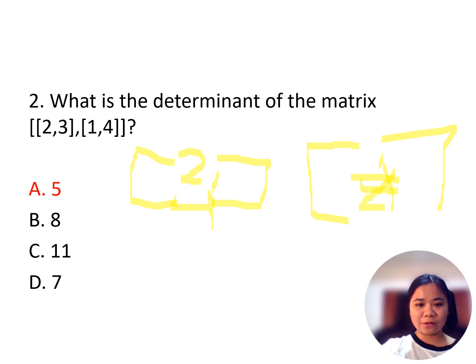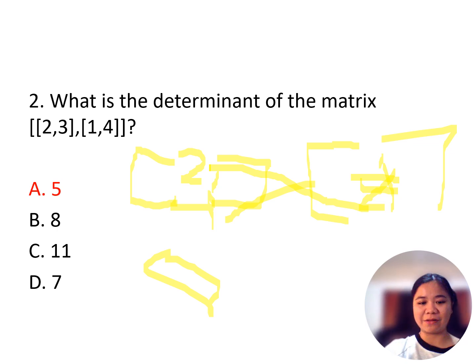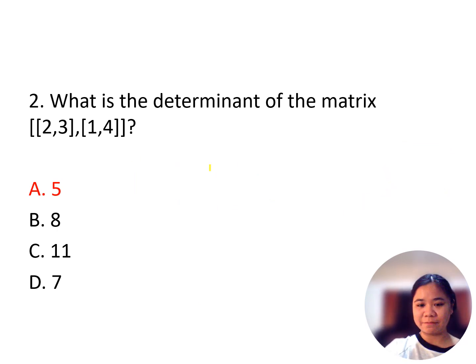So 2 times 4, because we cross multiply each element. 2 times 4 is 8, then minus 1 times 3, which is 3. So 8 minus 3 is 5. Okay, so did you get it? Now let's proceed to number 3.